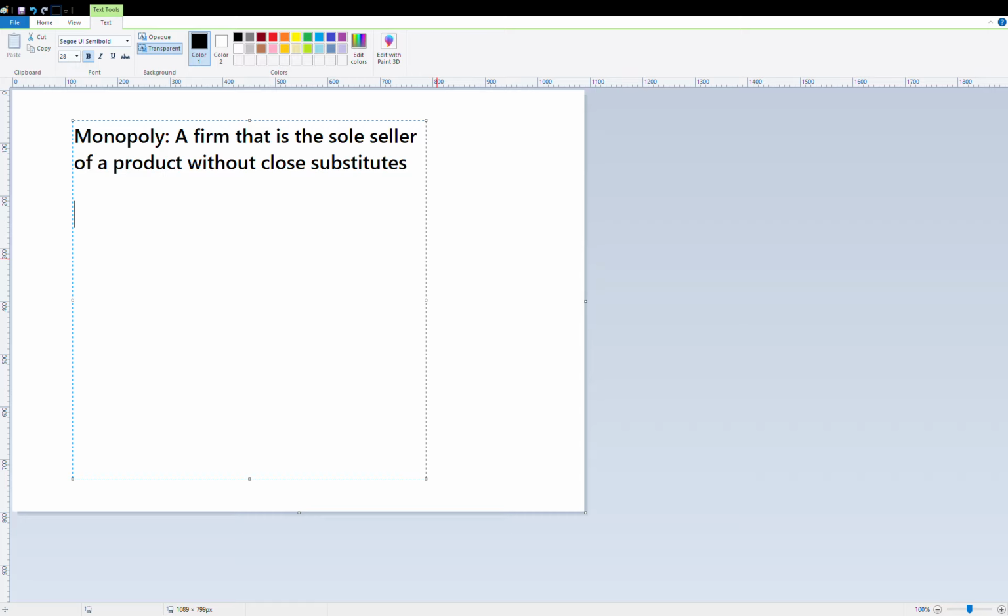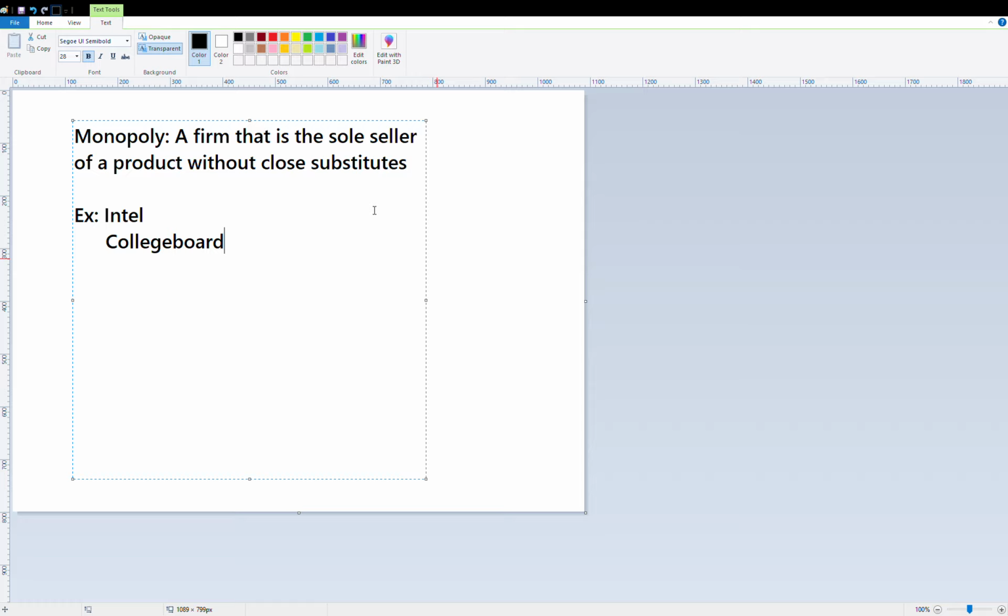Examples of this include Intel. Intel is not exactly a monopoly, but it's a close monopoly because they own like 80% of the chips that you get in your computer. Even College Board is a monopoly because they're the only company that makes the SAT, ACT, and AP exams, and that's the only place you go for.